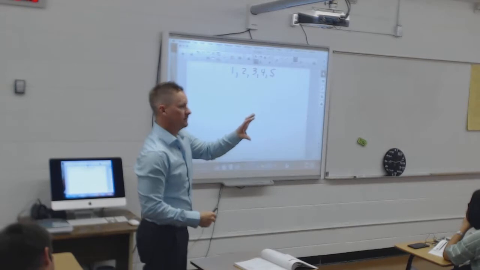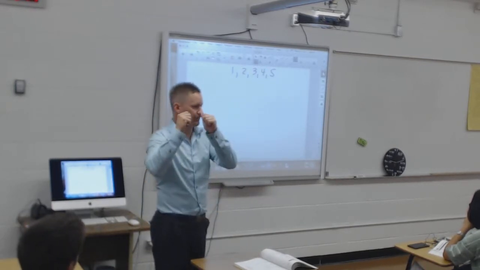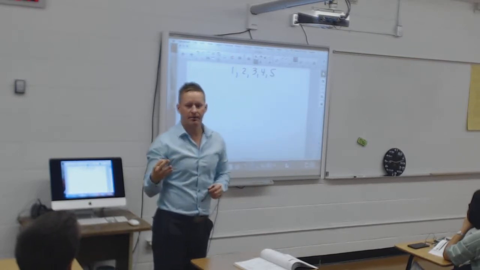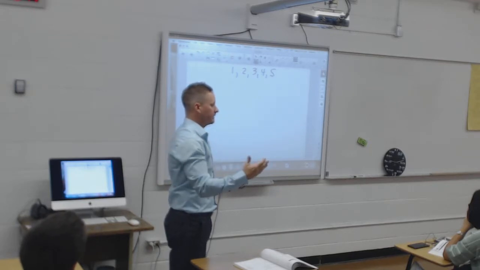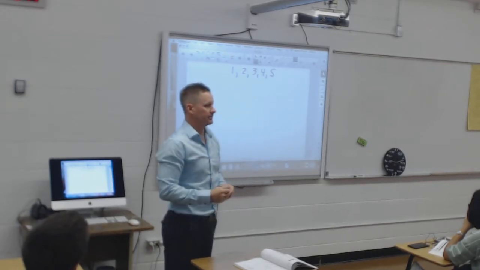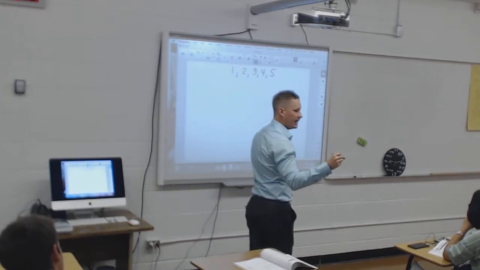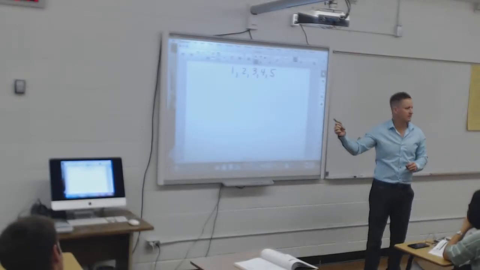Now they're metal and they're house numbers, so I'm going to put them on the side of the house. I want to know how many 3-number house numbers I can get from these 5 digits.